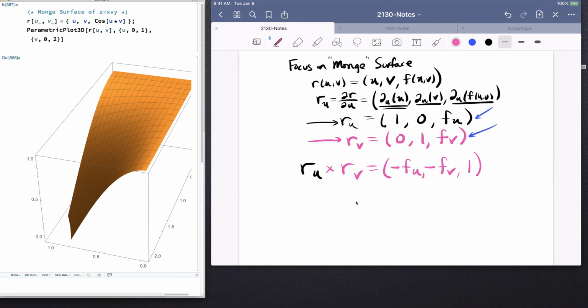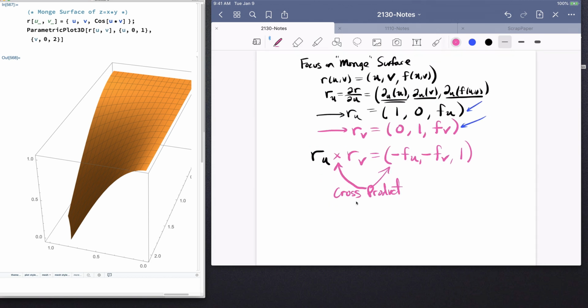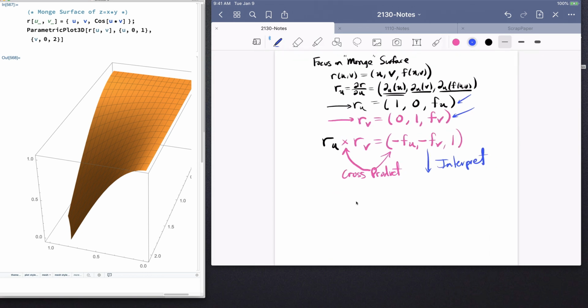You can check that for yourself. This x means the cross product, and I will let you look back at a review of the cross product. The question is, how do you interpret this vector, r_u cross r_v?